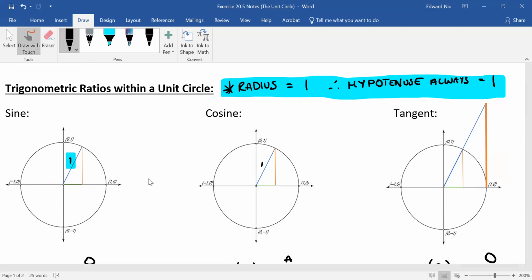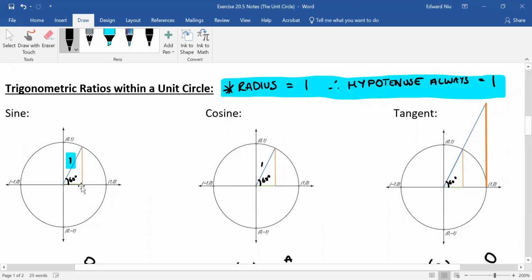So what does that mean? Well, if we have an angle on the interior, so let's say this is 60 degrees. Remember the entire quadrant 1 is 90 degrees.